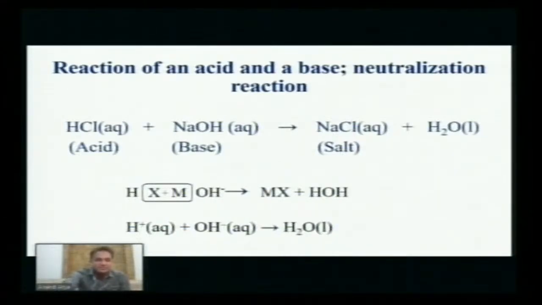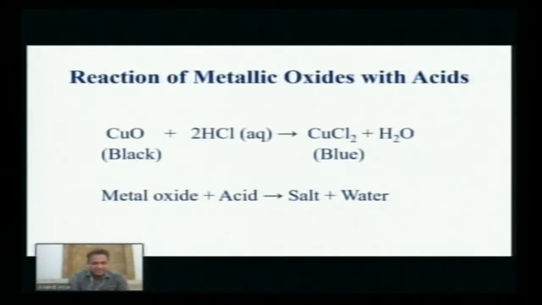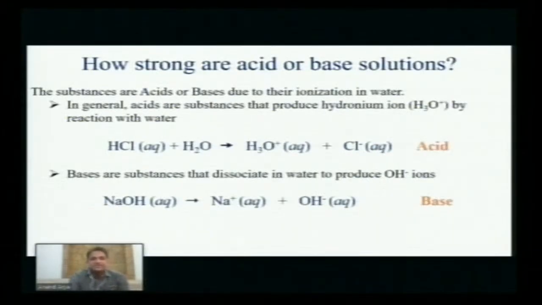So this is the neutralization reaction. In general, acids are the substances that produce hydrogen ions by reaction with water. For example, when hydrogen chloride is dissolved in water, it reacts with water and produces the hydronium ion, that is H3O plus.